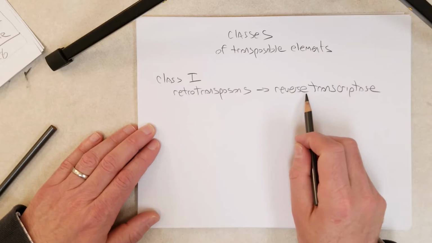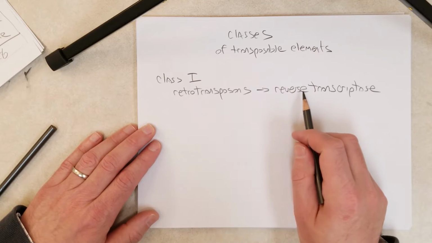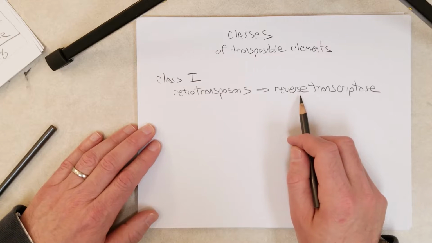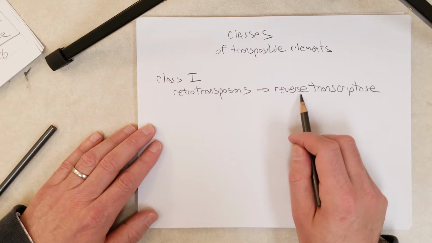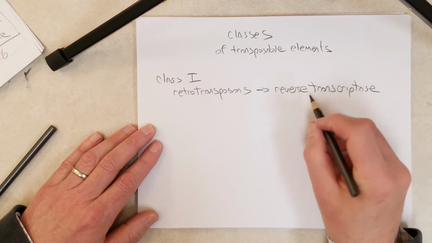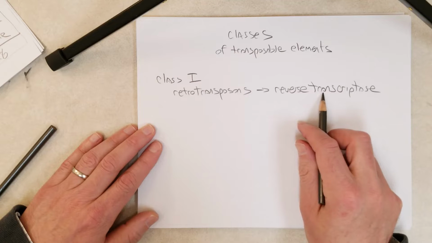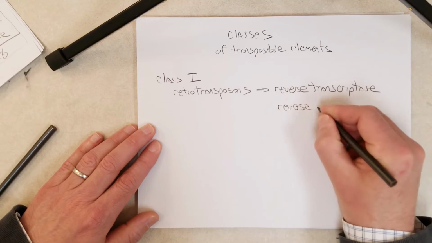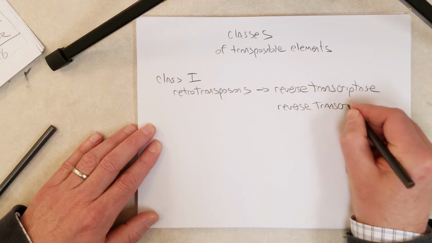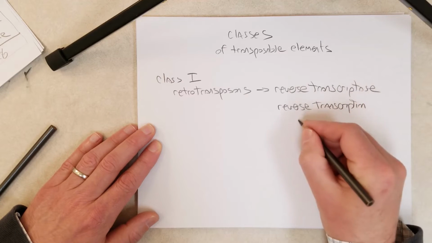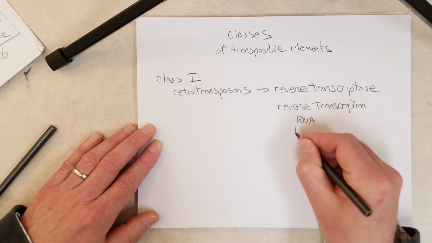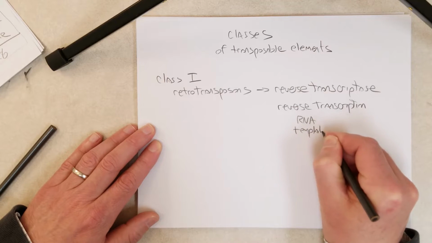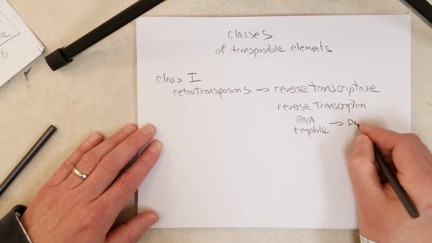We've seen an example of a reverse transcriptase already in this class. Can you remember where we have seen one of these? Telomerase. Remember, telomerase is a reverse transcriptase. Reverse transcription is using an RNA template to synthesize DNA.